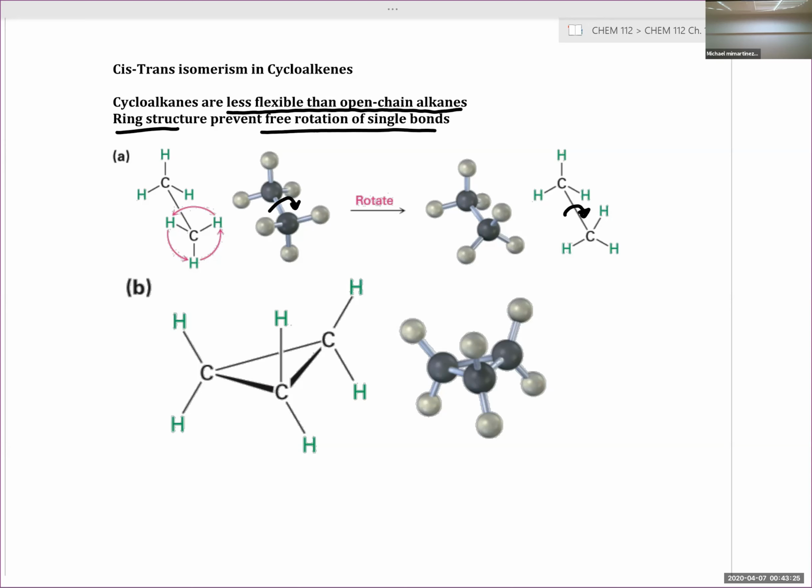However, when we deal with a cyclic system and you try to rotate about your carbon-carbon bond, if you make a model of, for example, cyclopropane, so let me make a sample model of cyclopropane really quickly for everyone to see. It's a super strained system.